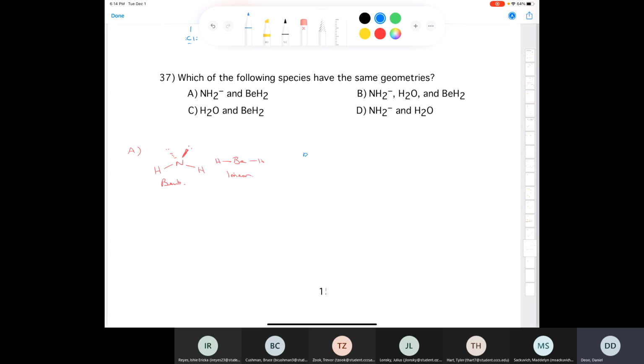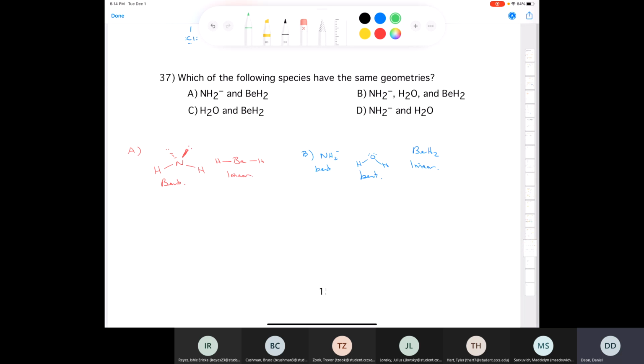If I go over to B, I see that my amide, NH2 minus, is bent, right? And then water is also bent. But then BeH2 is linear, so the answer can't be B.